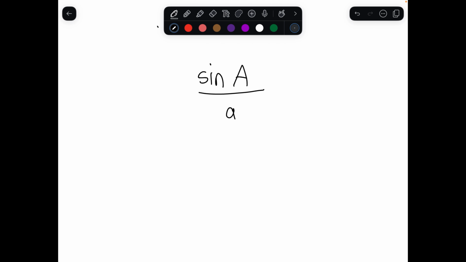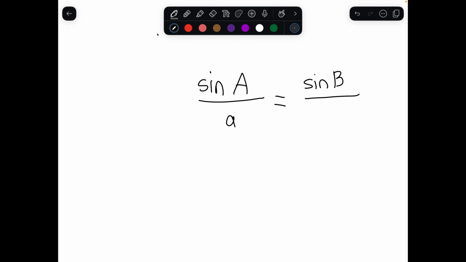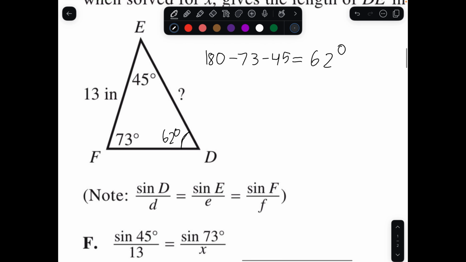That's going to equal another angle, let's say sine of B, angle B, over the side opposite of angle B, which is lowercase b. And this is a very handy formula, and I'm just going to show you guys how to use it in this problem. That is the law of sines.